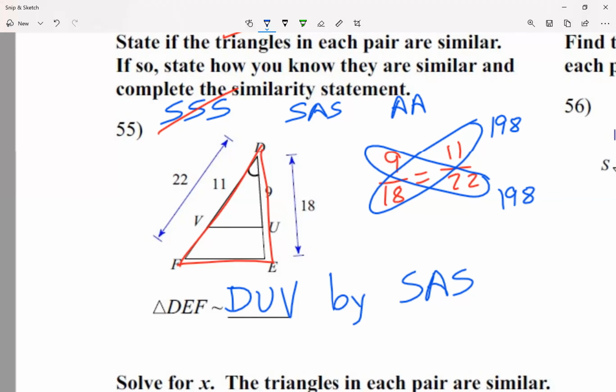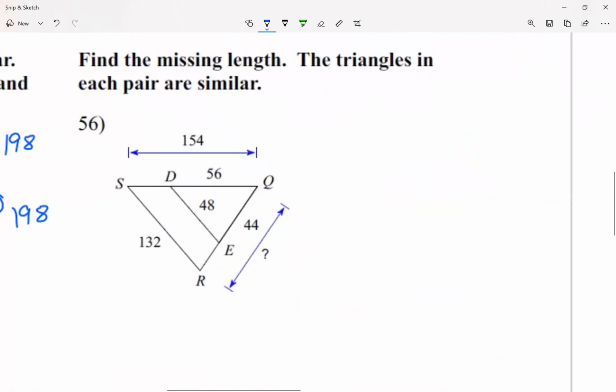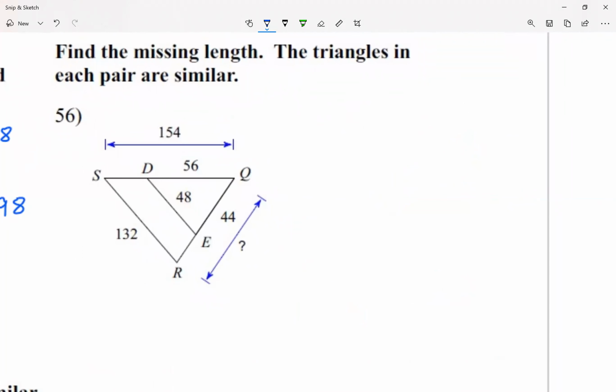Okay. Now let's take a look at number 56. Find the missing length. The triangles in each pair are similar. I see the question mark. I'm going to change the question mark with an X, right? We learned back in Algebra 1 that when we don't know the value of something, we just call it X. So I'm going to call that X. From the big triangle, and when I say big triangle, I'm talking about triangle QSR, I'm only going to use two measurements.